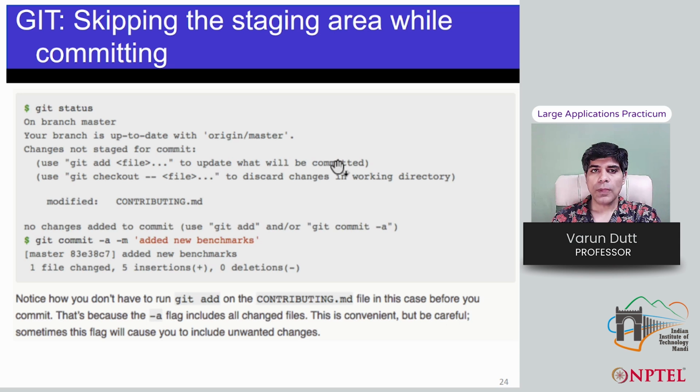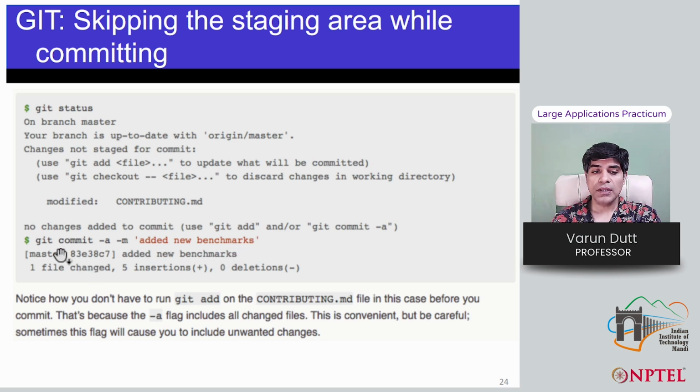You can also skip the staging area while committing a file, and you can see an example. Let's run a git status command, and you can see that the contributing.md file is not yet staged for committing, but it has been modified. So we can do something like this: git commit -a -m with the new message.